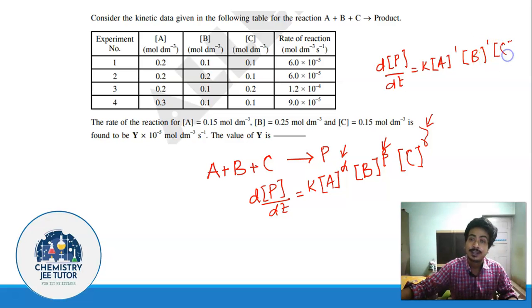We can only write this if the reaction is an elementary reaction. Here nowhere it is stated that it is an elementary reaction, so we cannot write like this. We have to consider that the reaction is of order alpha with respect to A, beta with respect to B and gamma with respect to C. Now what is given? This is the rate of the reaction.